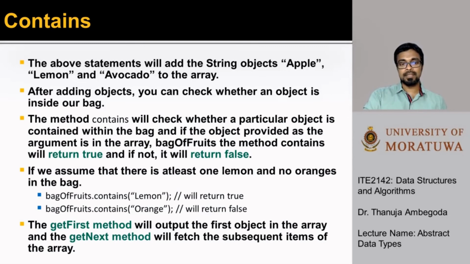If you execute bagOfFruits.contains orange, it will return false because we did not add orange into our bag of fruits. The getFirst method will output the first object in the array, and the getNext method will fetch the subsequent items of the array.